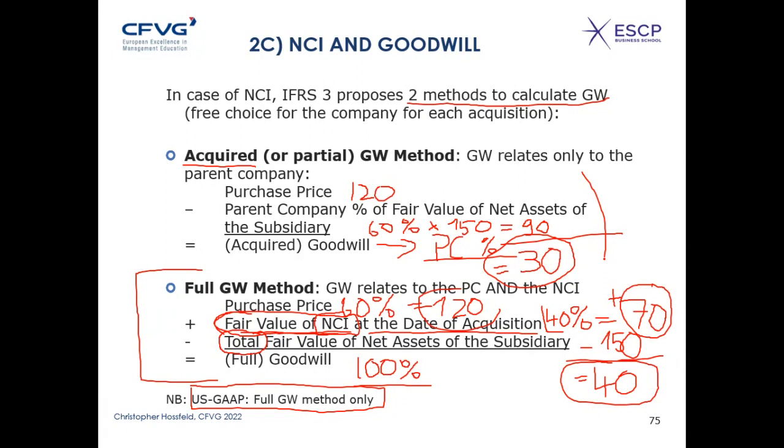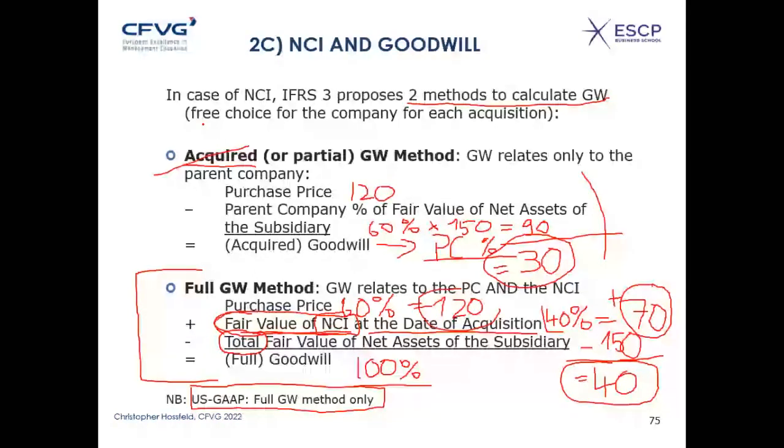And that means maybe in 10 years or so, we will get rid of the acquired goodwill method and we will apply only the full goodwill method. But as of now, companies have the choice between both of them. All right, that's the difference between acquired goodwill method and full goodwill method in case we take control of another company with a percentage that is lower than 100%.